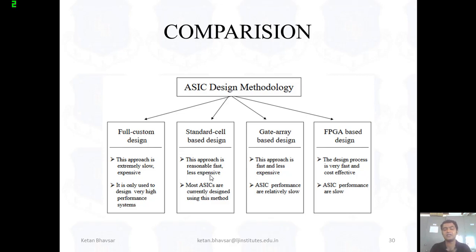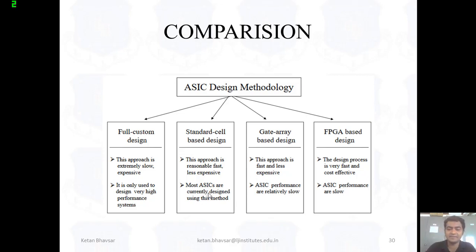So if you are talking about expense, then definitely you have to go with the standard cell. Most ASICs are currently designed using this method because it reduces your designing time. ASIC means application specific integrated circuit. Your microcontroller and microprocessor are all ASICs, designed for a specific application. So we use that particular chip at a time.